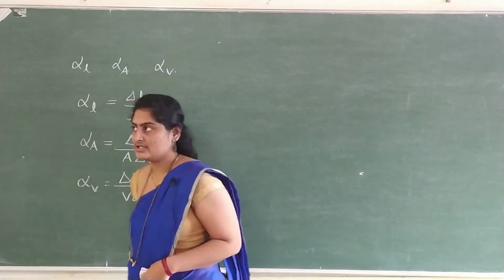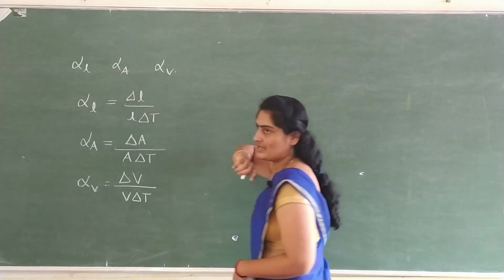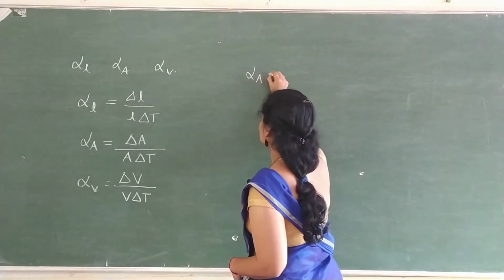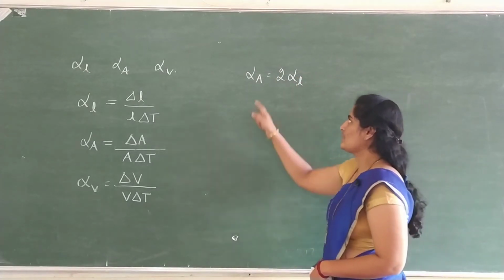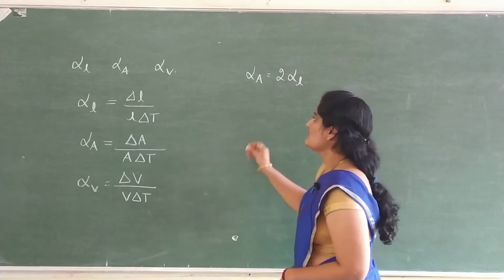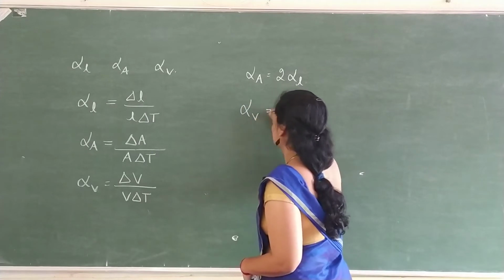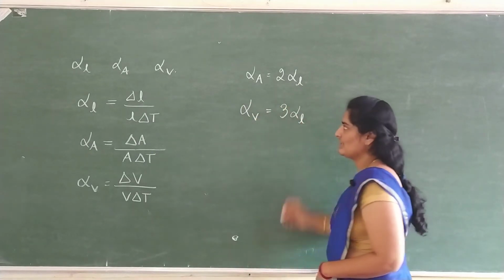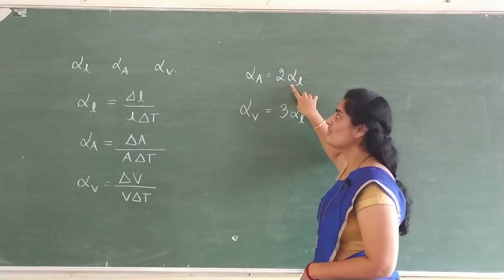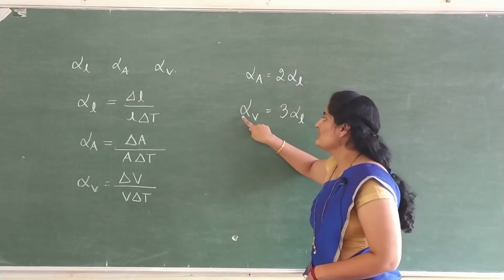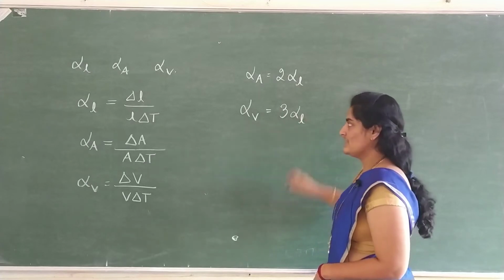And we have seen two important derivations. The relation between alpha L and alpha A: alpha A is equal to 2 into alpha L. Similarly, the relation between alpha L and alpha V: alpha V is equal to 3 into alpha L. So the coefficient of area expansion is twice the coefficient of linear expansion, and the coefficient of volume expansion is thrice the coefficient of linear expansion.